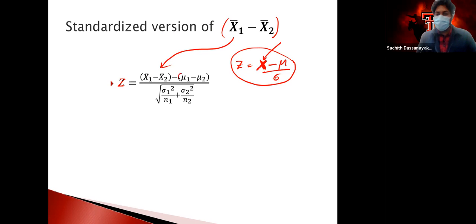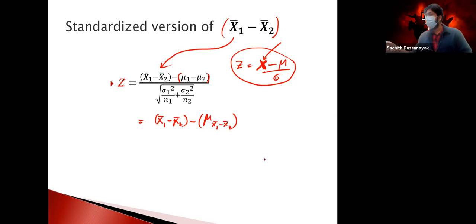Minus, now you don't have just one mean, you have two means. So it's x1 bar minus x2 bar, minus the mean of x1 bar minus x2 bar. Divide by their standard deviation, sigma of x1 bar minus x2 bar. Similar to this one, only the parameters are different.